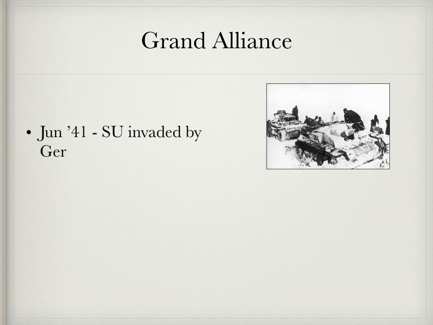So, we're going to start today talking about the Grand Alliance. This was the Allied side. We'll get to the Grand Alliance in a second, but we're going to recap what was happening in 1941. It was a very big, pivotal year. June of 1941, the Soviet Union is invaded by Germany. Operation Barbarossa begins.